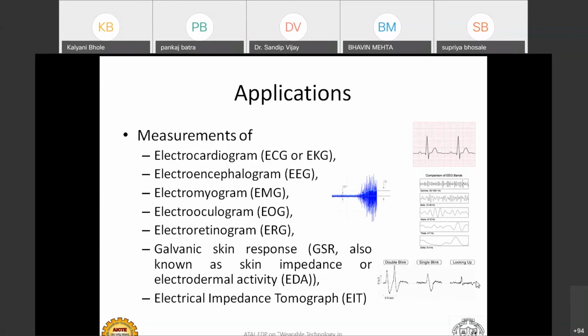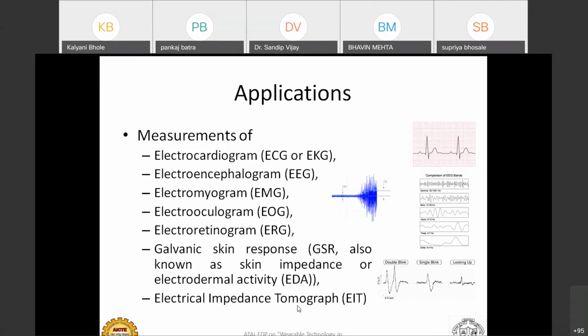So for measurement of EOG, this type of optimized dry electrode sensor is used or recommended. Then ERG, the electroretinogram, is the measurement of electrical signal on the retina of the eye. Then galvanic skin response, also called GSR, and electrical impedance tomography.